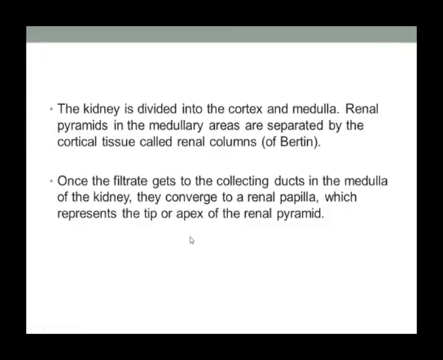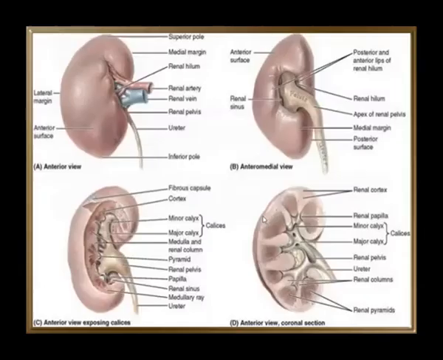So the kidney is divided into cortex and medulla, and the medulla is converted into renal pyramids. I will show the diagram. This is again the same pattern: the vein, artery, and the ureter. And this is the posterior part. Pelvis is visualized posteriorly, and here you can see this is cortex.